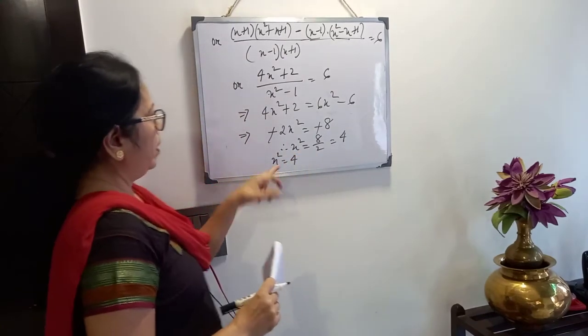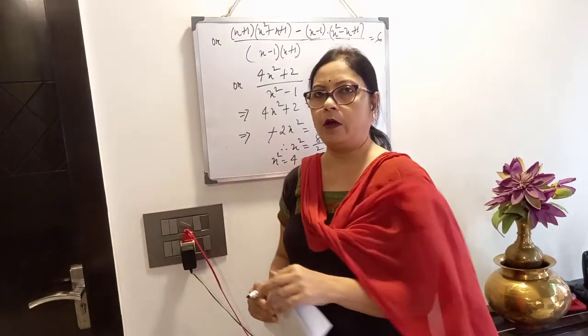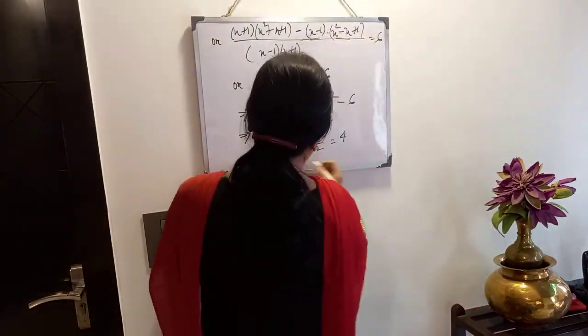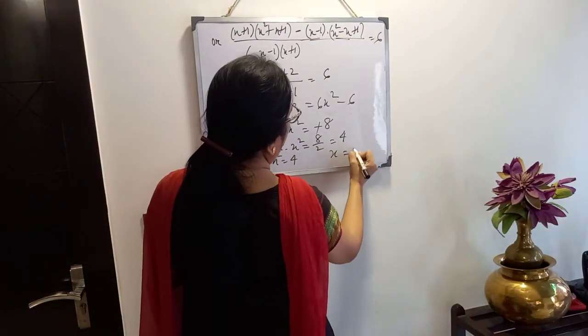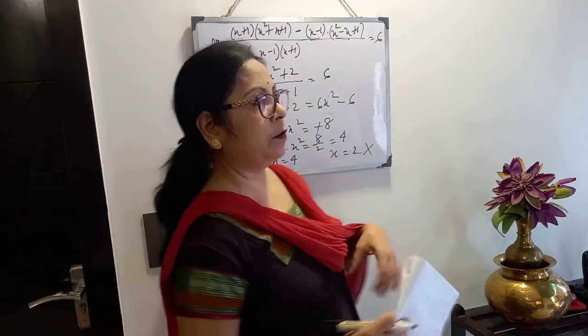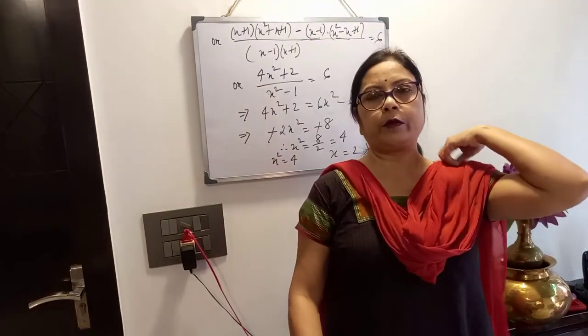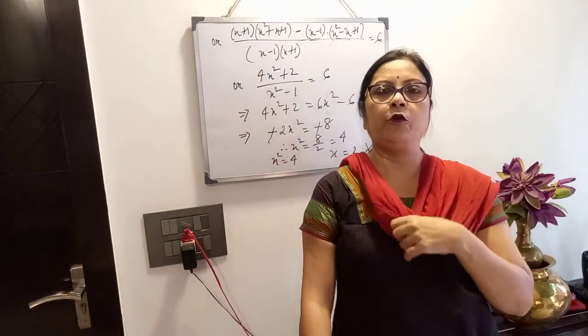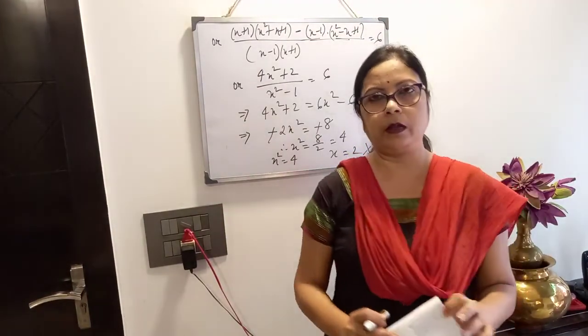Now we say x square equals 4. I know some of you will write the value of x as 2. But this is wrong. Why? As this was a quadratic equation, after solving you have to get 2 values of x. Clear?